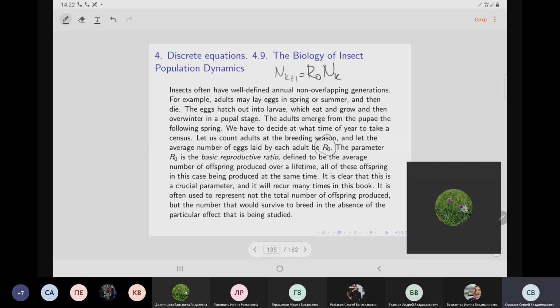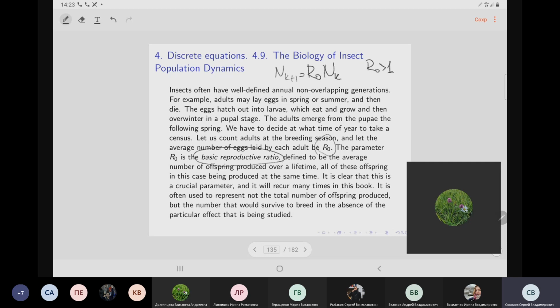That's why we understand that R0 must be greater than 1. Otherwise, the population will die very quickly. It's quite natural. So we call our R0 the basic reproductive ratio. And in the general case, we define it as the average number of offspring that are produced over a lifetime.